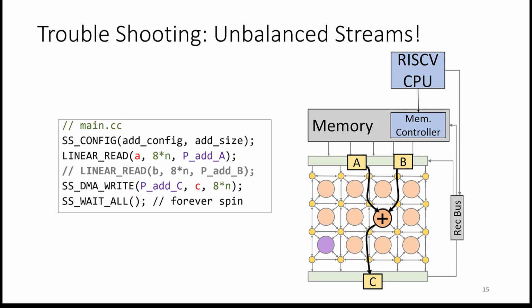We can make this case by simply commenting out the memory intrinsic that forwards to port B, and the A port will be overwhelmed, but the B port is still starving, as well as the C port.